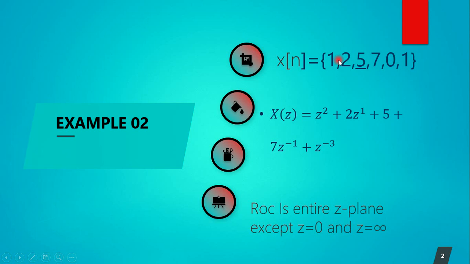So the second example here is a non-causal system. The previous was causal and this is non-causal system. As you can see that the 0 index is between all the sequences. So if we apply Z transform on this, what will come out to be?